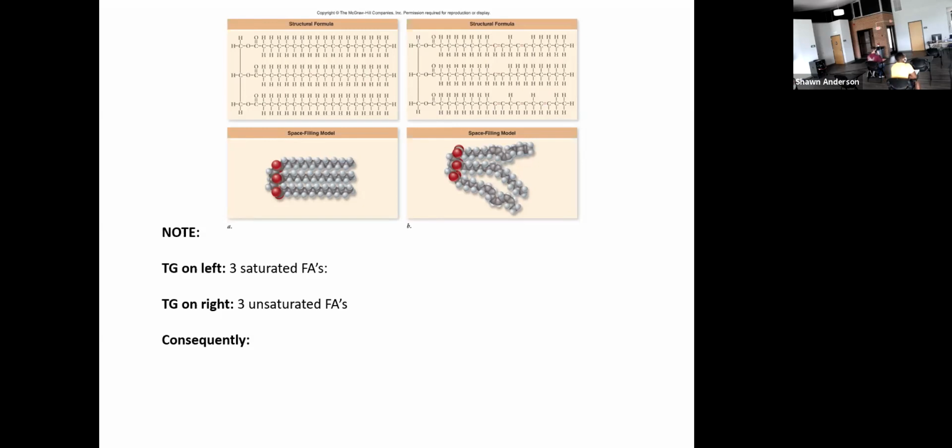We notice that representing these fatty acids as what's called a space-filling molecule, they can all line up nice and closely together. And that's really important. That gives this particular triglyceride a particular property in a body.